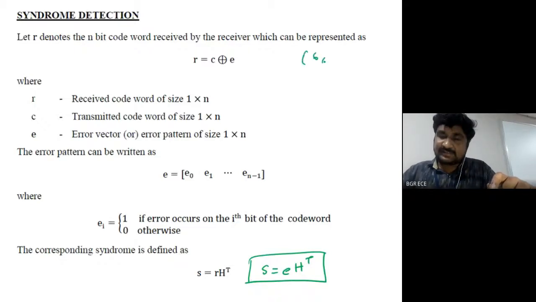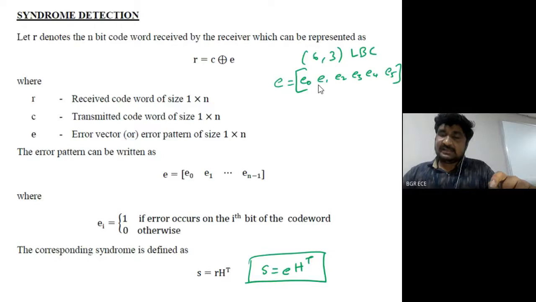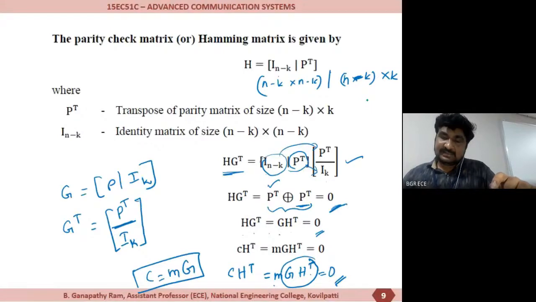If I am assuming a 6,3 linear block code, the error pattern will be E0, E1, E2, E3, E4 and E5. And the H transpose will be of size, so we have to determine the size of H here.